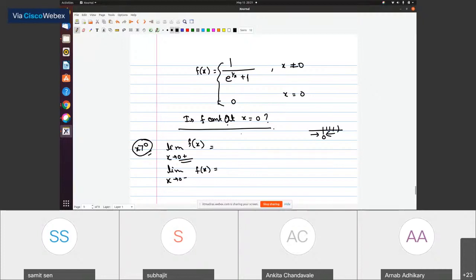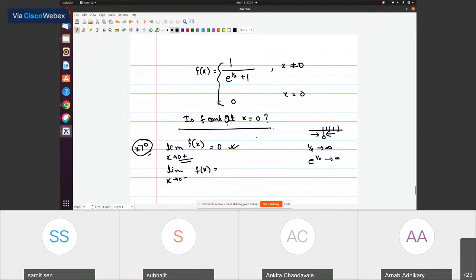And I am approaching 0, so this 1 by x is tending to infinity, as x is positive. So e power 1 by x also tends to infinity, so this denominator is tending to infinity, and 1 by that, so this limit will be 0.